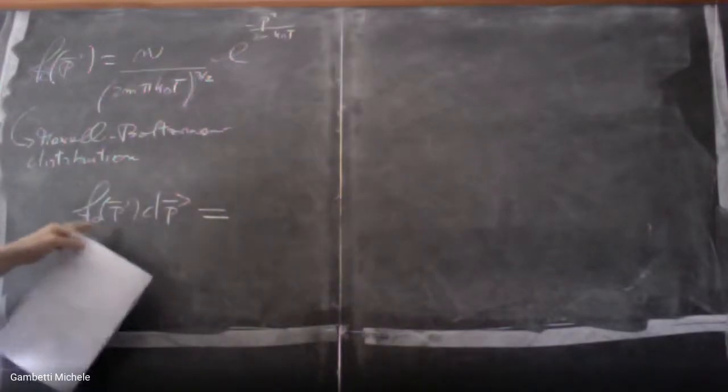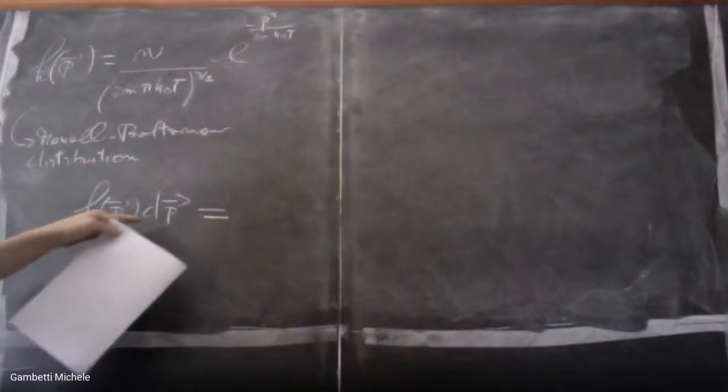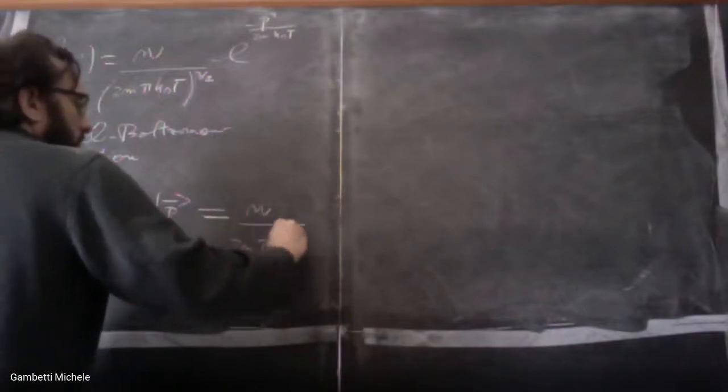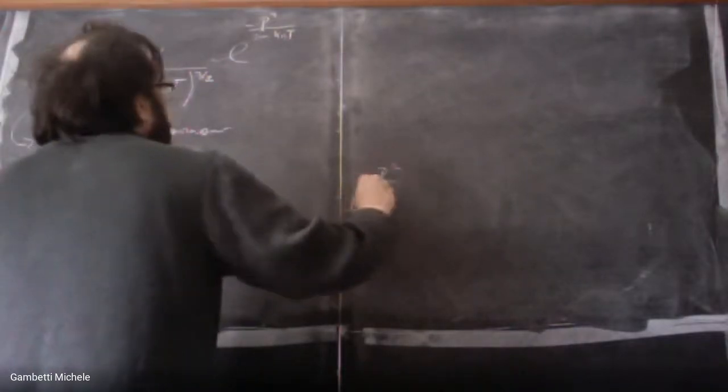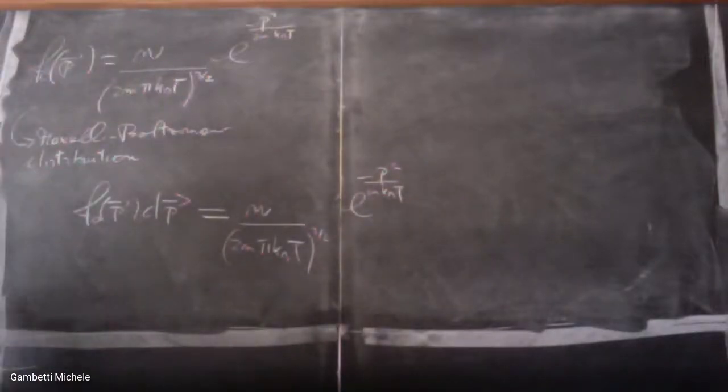If I do F0 of P times dP, now this counts the number of particles per volume having a momentum between P and P plus dP, and this is equal to n divided by (2m pi kB T) to the power of 3/2, and I have e to the minus p squared over 2m kB T, and 4 pi p squared dp.